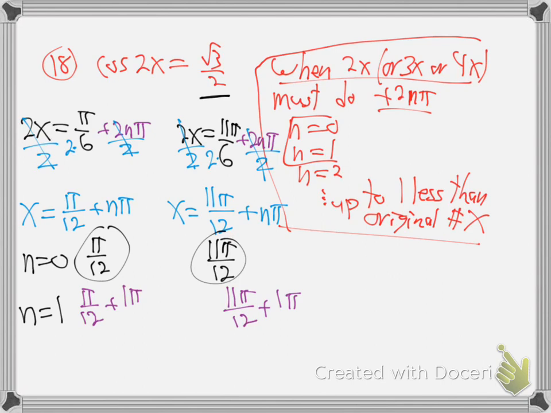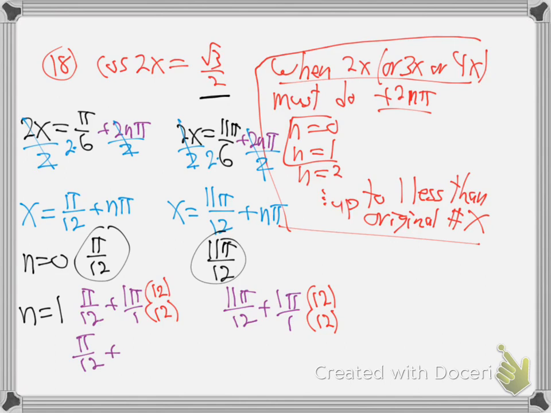So let's do it. These are over 1. Multiply top and bottom by 12 to make the common denominator 12 on that. And then what do we get from there?